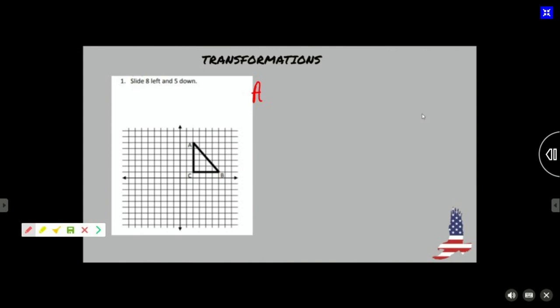What's the coordinate, A? What is this coordinate right here, guys? If you can't see it up here, you can see it on your paper.